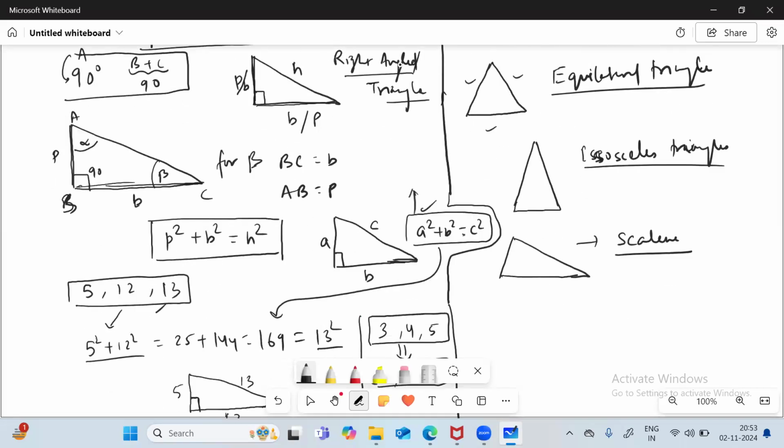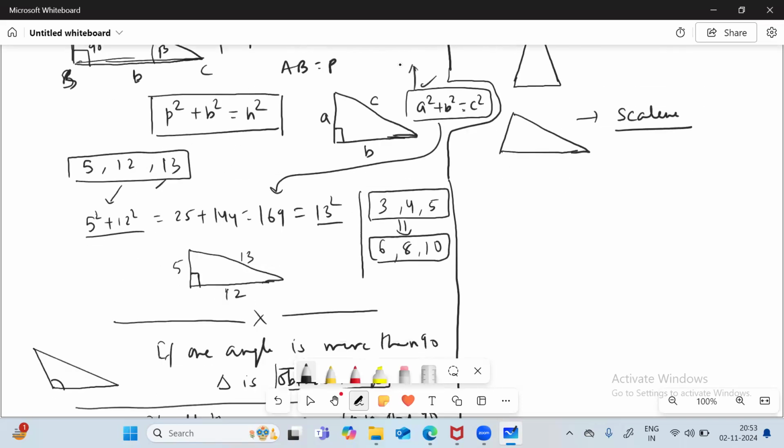Before explaining any of these three, let me talk about another result also. If we make a triangle, anything like this, and let's say A, B, C. The side which is in front of angle A will be called small a.